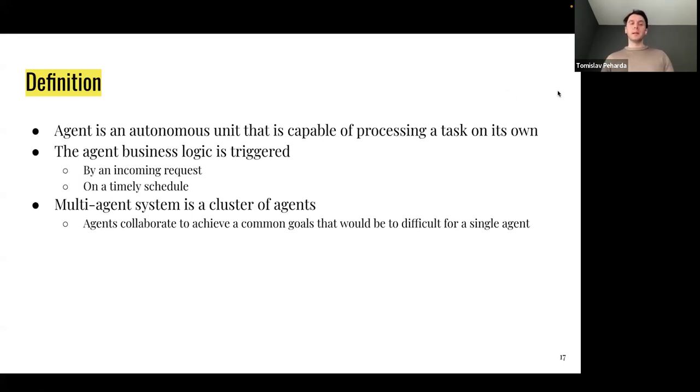And now, how do we define a multi-agent system? Well, it's pretty simple. A multi-agent system is a cluster of agents. When you have a bigger goal, a more complex task, for example with Gen AI, you guys probably saw the GPT-4o demo, which has lots of features.